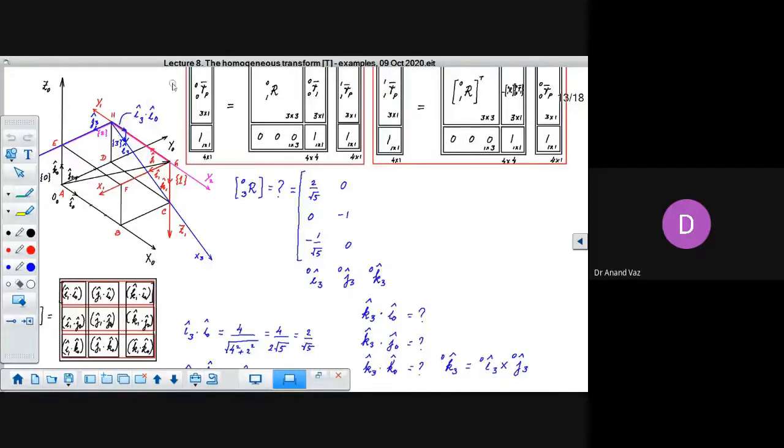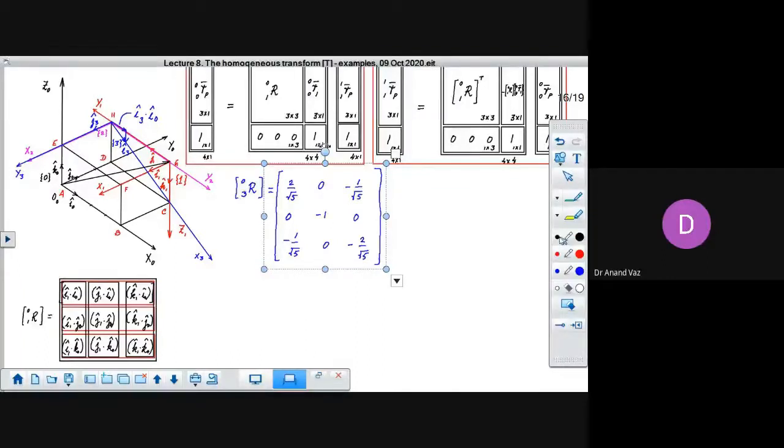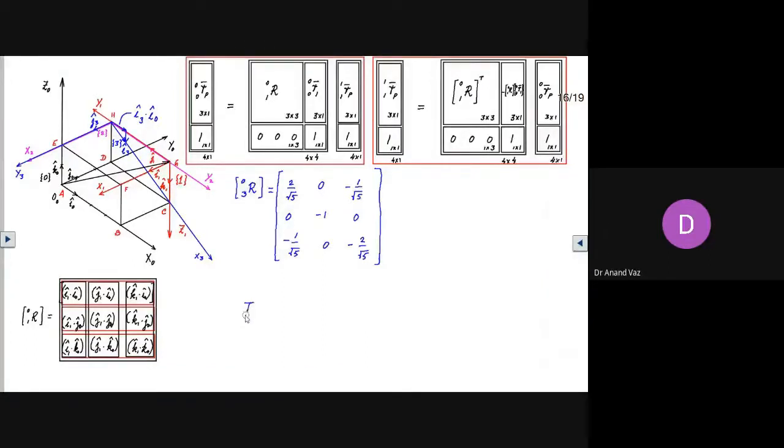So we have the R matrix here, but we are interested in the T matrix. So let's construct the T matrix. Write it here. T3 to 0 is equal to, so we have the R matrix.